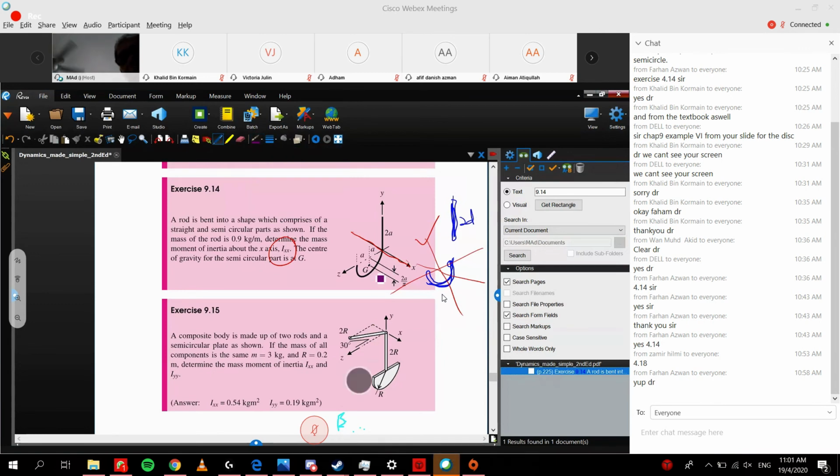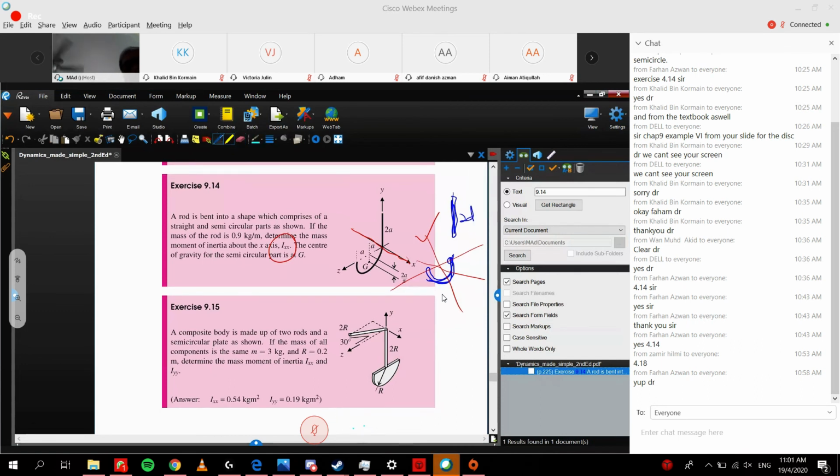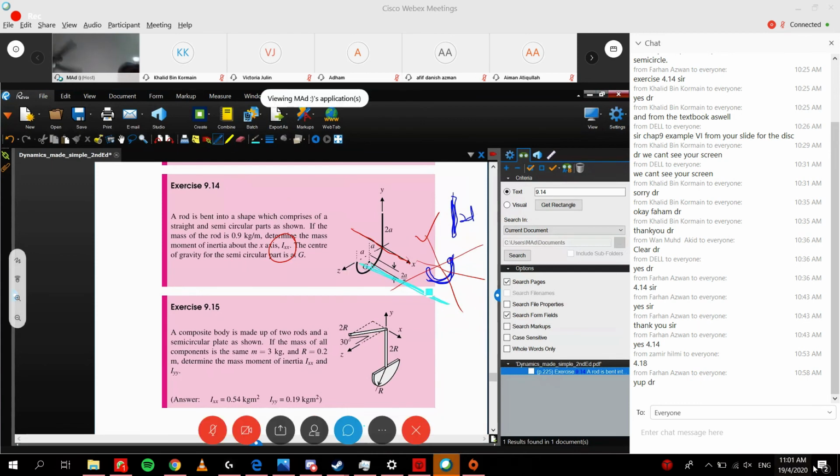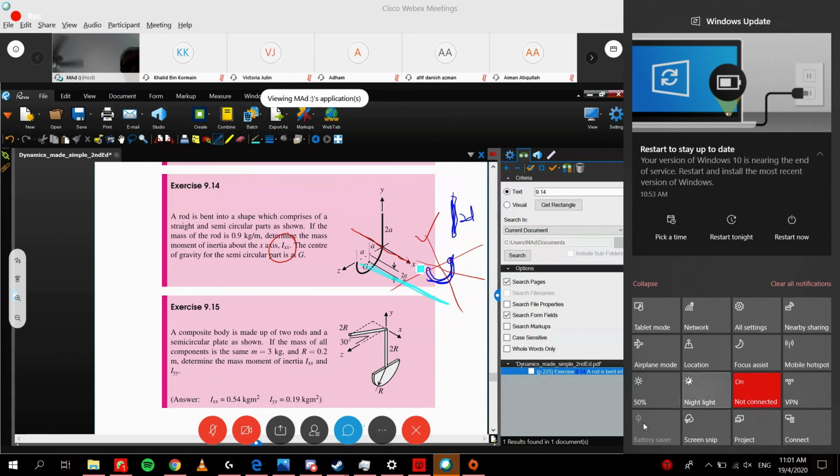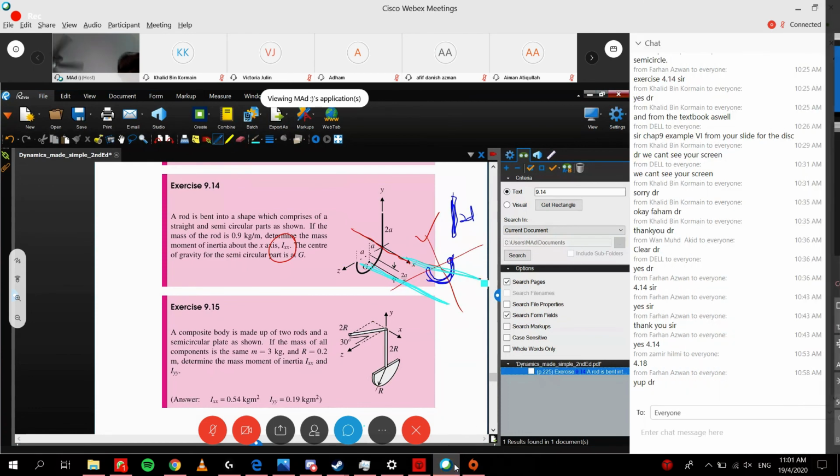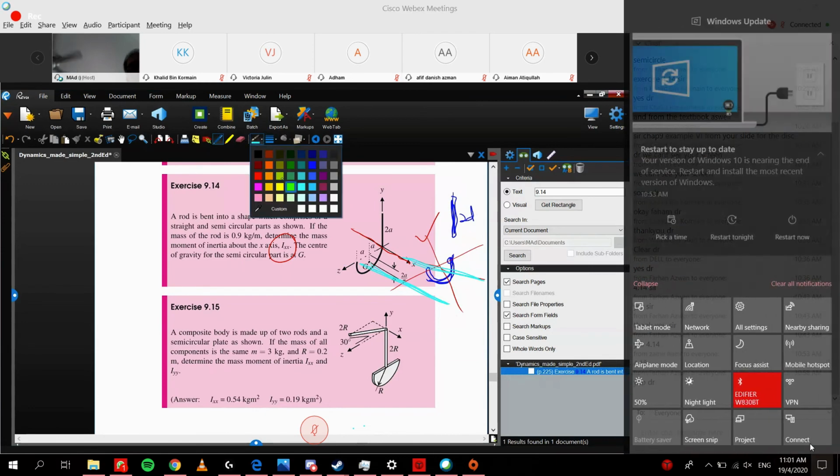This is the axis that passes through G, which is parallel to this axis in your book. Your G is somewhere here.